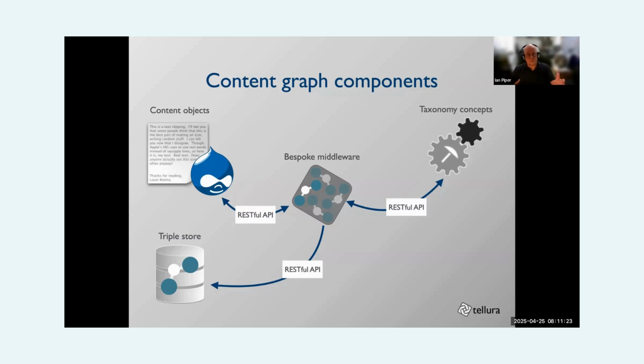Each of these tools that I've got on screen here, my content management system in the example I'm going to show you is Drupal, and that has a number of APIs actually. The taxonomy is provided by PoolParty in this particular case, and that has a RESTful API as well. And then the triple store comes from GraphDB. GraphDB has a number of APIs, and I've used these in my work.